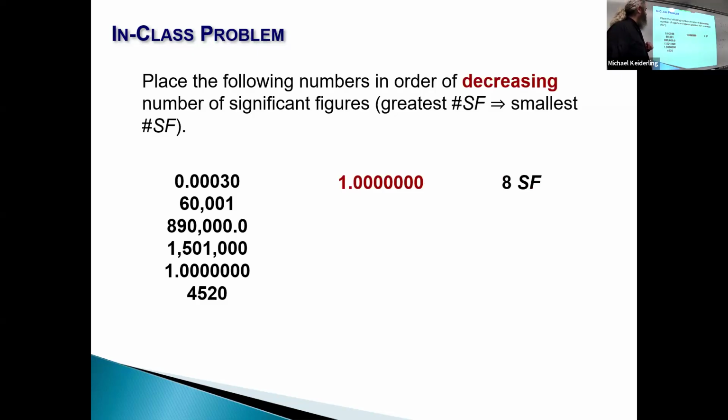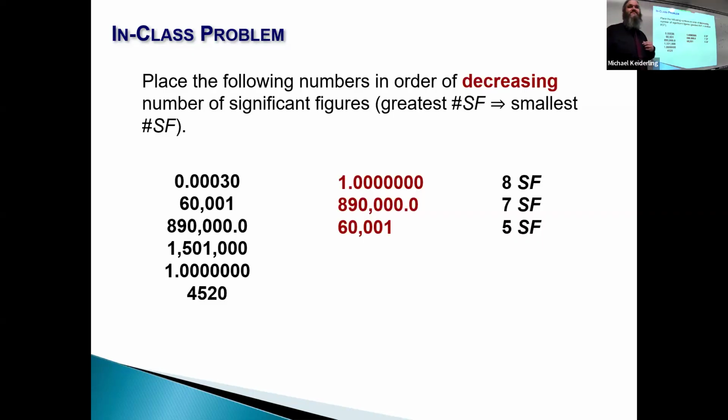Next we have 890,000.0, which has 7. And then we get to the 60,001, which has 5. Which one do you think comes after 60,001? It's the next after 60,001 in significant figure count. This has 3 significant figures because the 0 doesn't count.